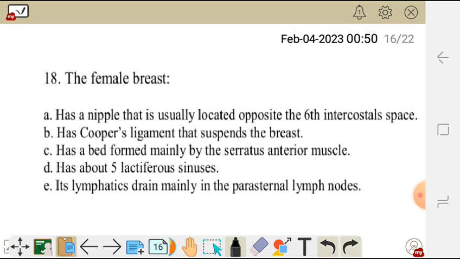So the correct answer for question 18 is B. The female breast has Cooper's ligament that suspends the breast.